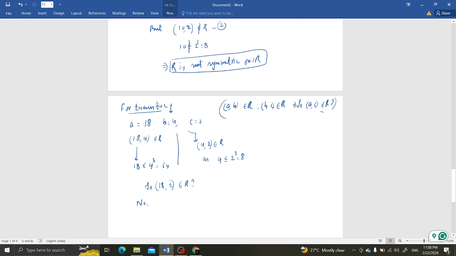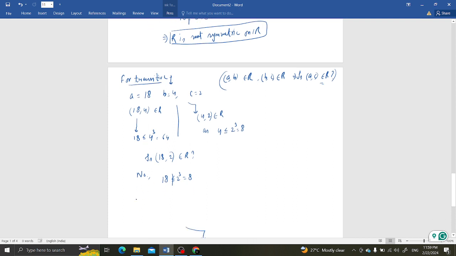So the answer is no. 18 is not less than 2 cubed, because 2 cubed is 8, obviously. So we get an ordered pair for which transitivity does not satisfy. R is not transitive on R. So here R is neither reflexive, nor symmetric, nor transitive. I hope you understand both these questions. Thank you for watching.